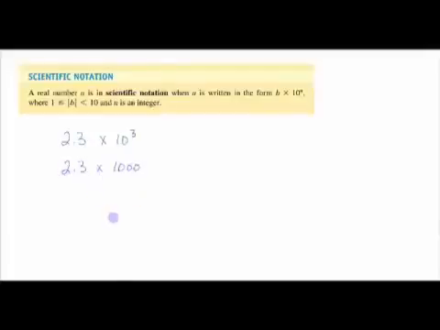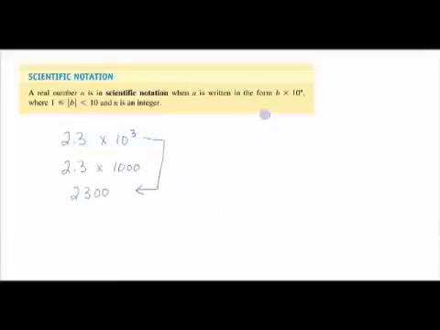If I multiply 2.3 by 1,000, then what happens is I'm moving my decimal place to the right 3 places. So how can I go from here to here? How can I go from scientific notation to standard notation? Simply by moving that decimal point to the right 3 places.